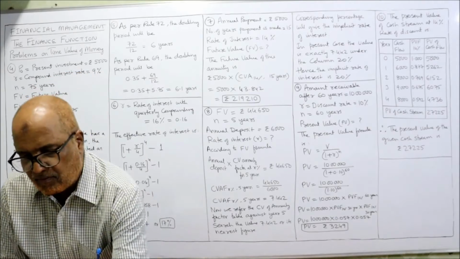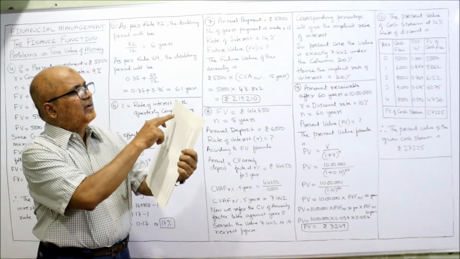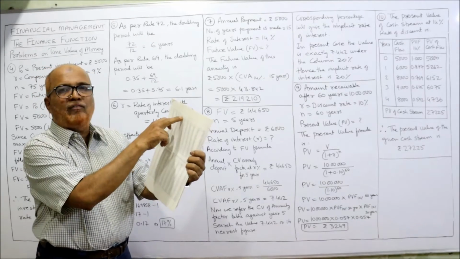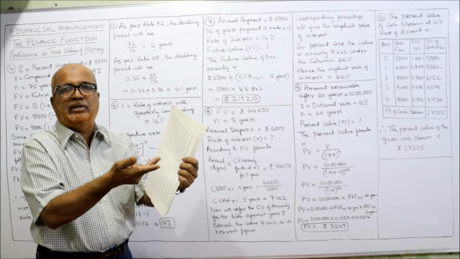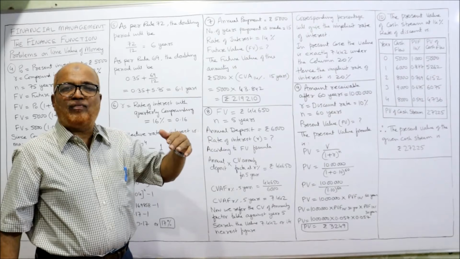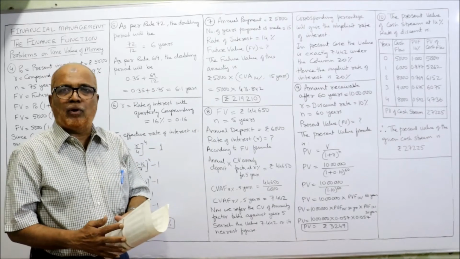So we have the compound value of annuity table. We have the compound value of 1 rupee and the compound value of annuity, so we have to refer to annuity. Why annuity? Because 5,000 not once, 15 times we are depositing.